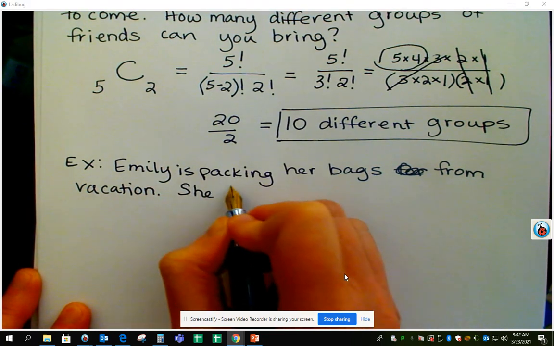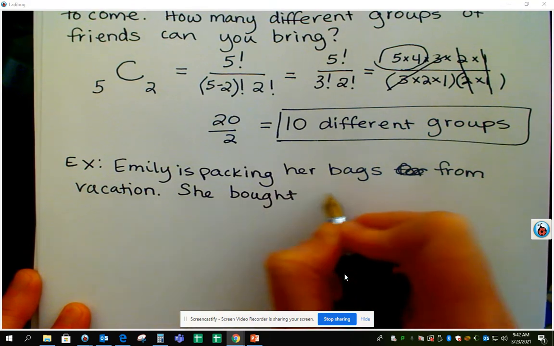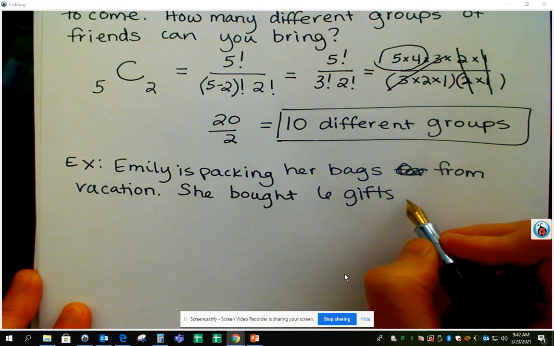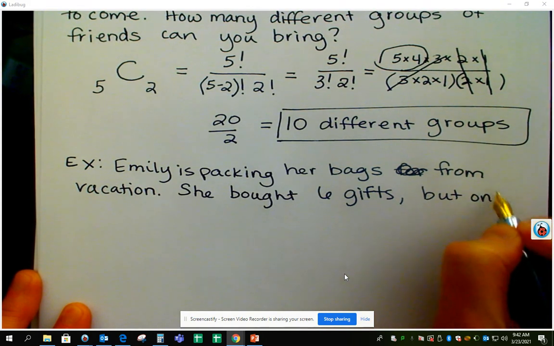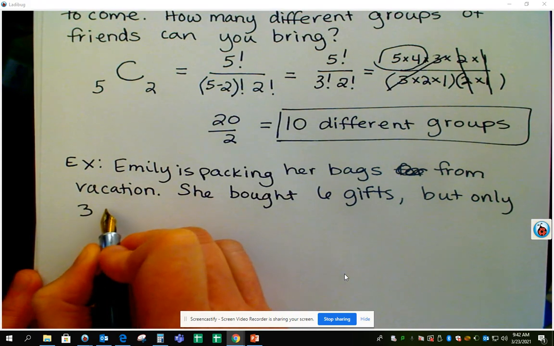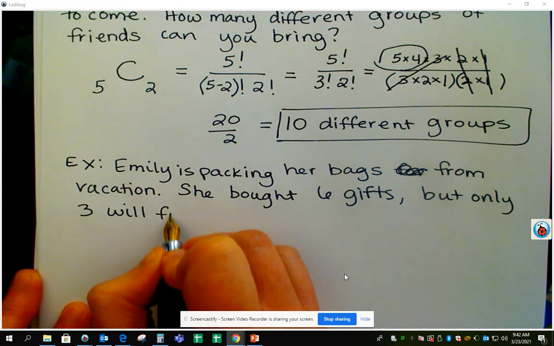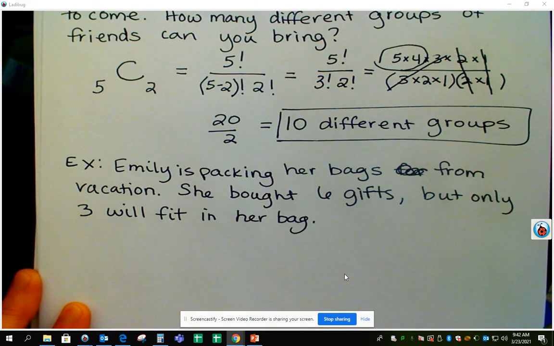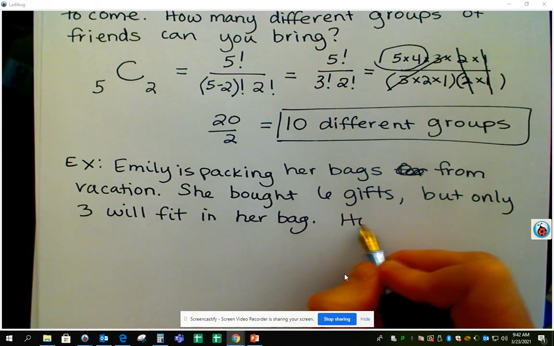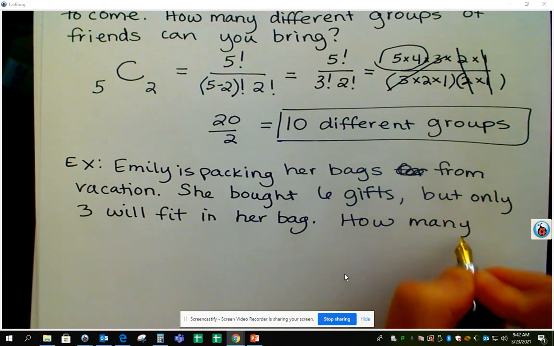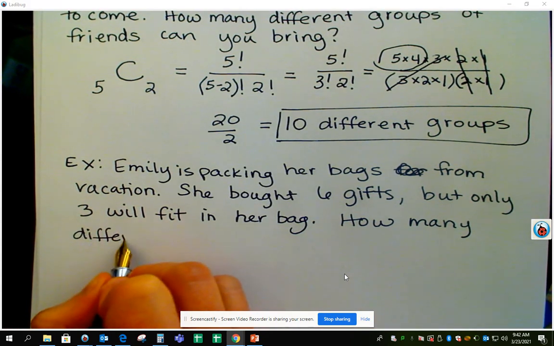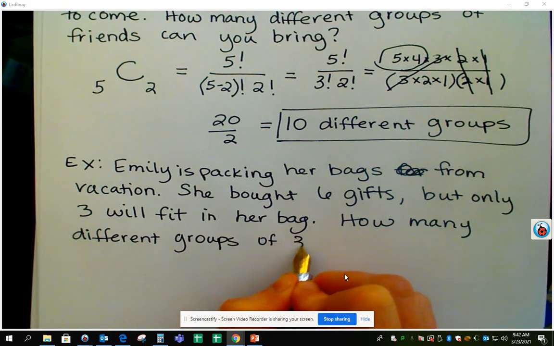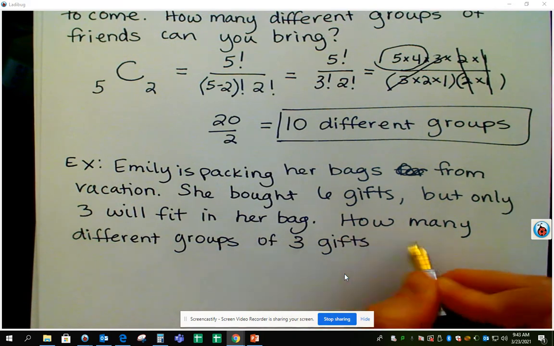She bought 6 gifts for her friends back home, but only 3 will fit in her bag. I'm going to have to mail some, or buy another bag. All right, how many different groups of 3 gifts can she take?